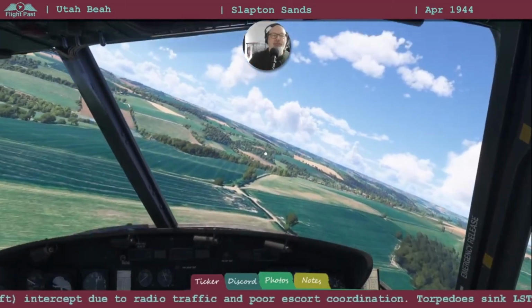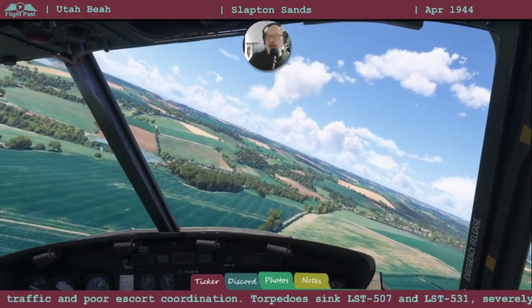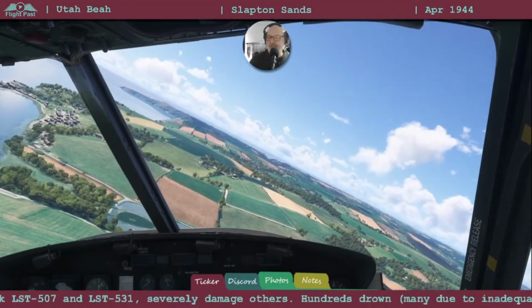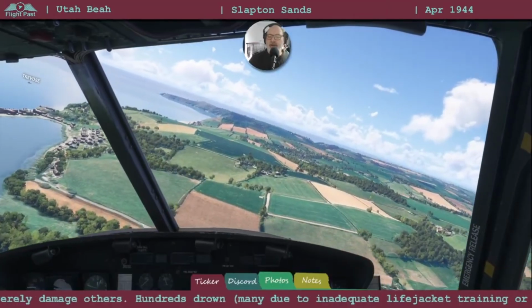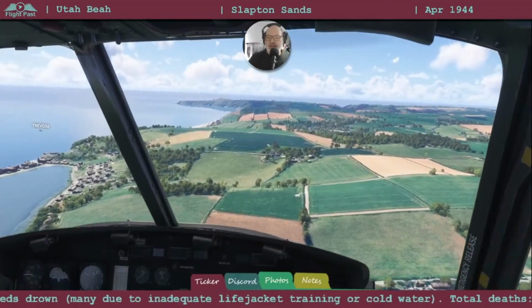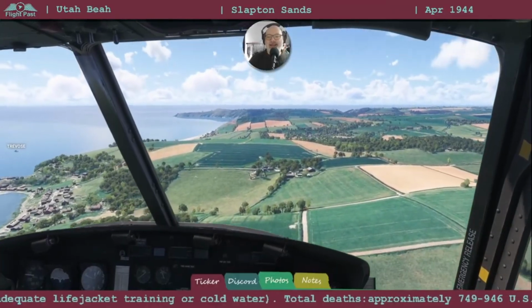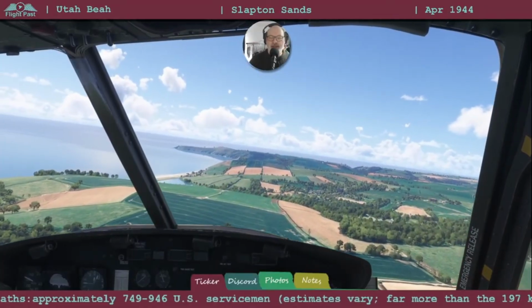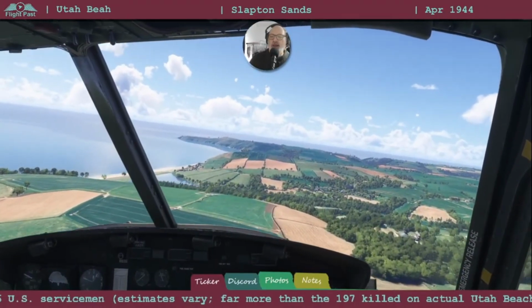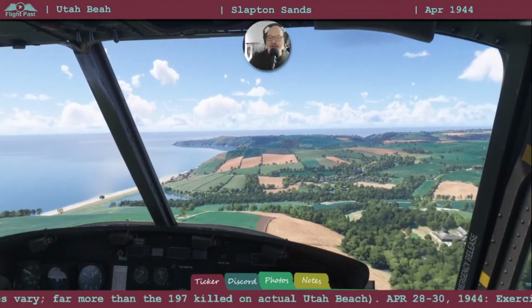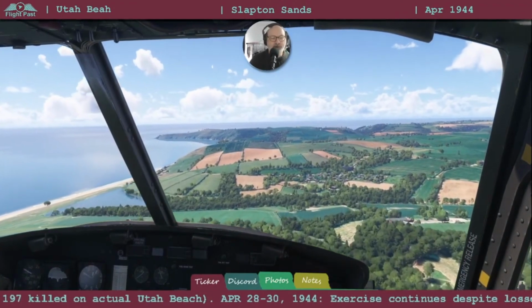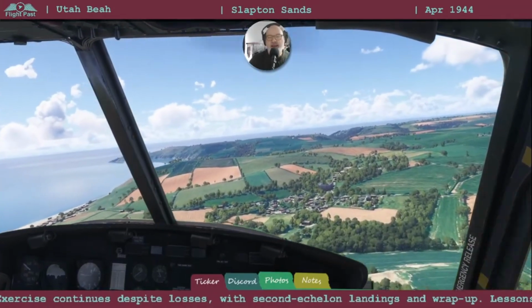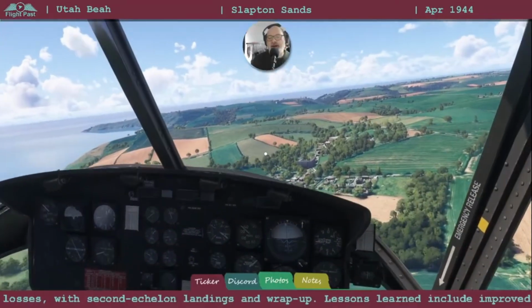Looking on the bright side of this exercise, the Allies learnt a lot from it. They realised that these slow-moving LSTs were very susceptible to the German E-boats, and so they wanted to prioritise the sinking of these E-boats if they could prior to D-Day, whilst they were in a harbour.